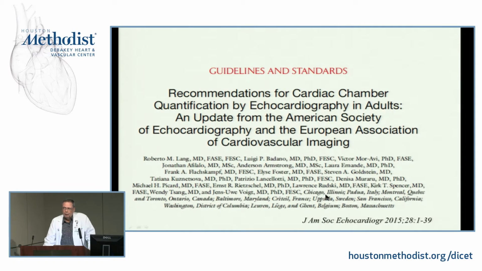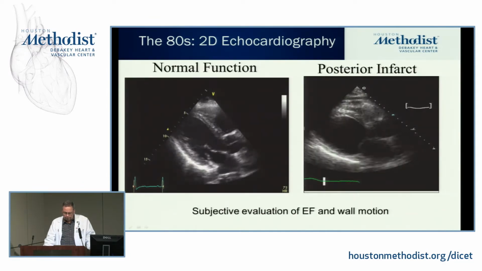As any of you who is in our lab know, we have all kinds of little tables and figures posted in the lab, and they all come from this document, which was the 2015 updated version of the recommendations from the American Society of Echocardiography for chamber quantification, LV volumes, and so on. Very well done document, and one of its strengths is that it has a lot of very good tables that you can use for normal standards. That's one of the things that they really did well this last time.